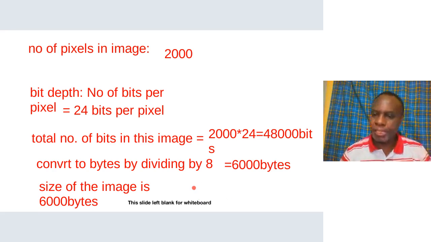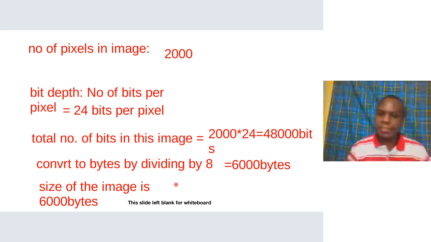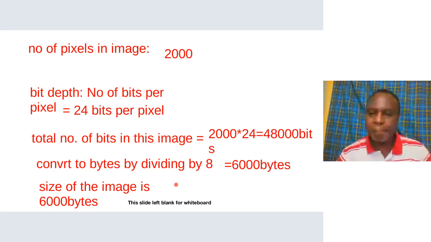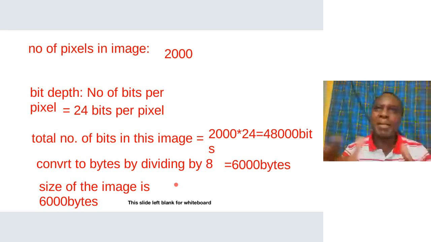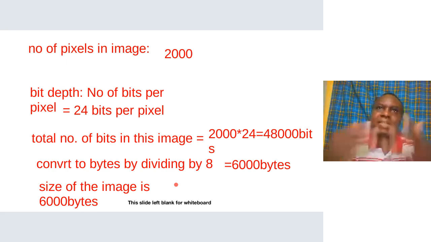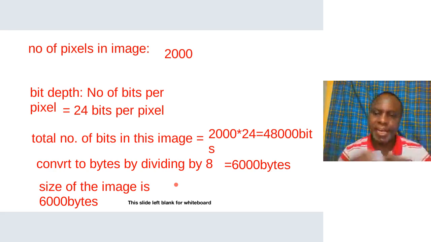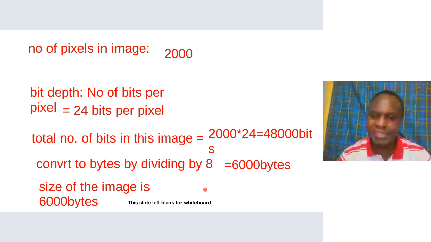Sorry, I think my box is a little small. I will try to expand it later. But 6,000 bytes may not be the best way to write it. 6,000 is already a kilobyte range, so kilobyte would be a better expression. We always try to move to the next better unit to use. And so instead of saying 6,000 bytes, I think it's better to say 6 kilobytes.